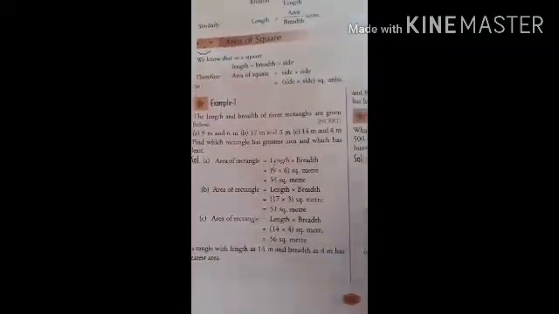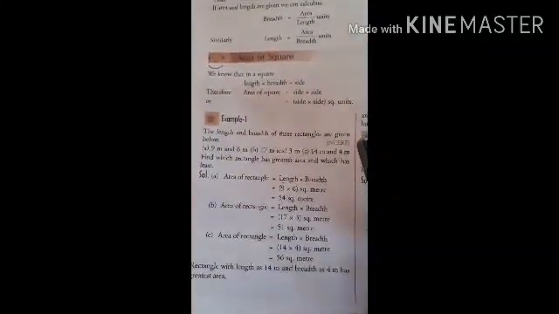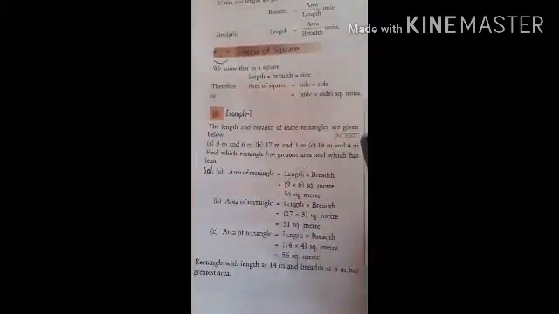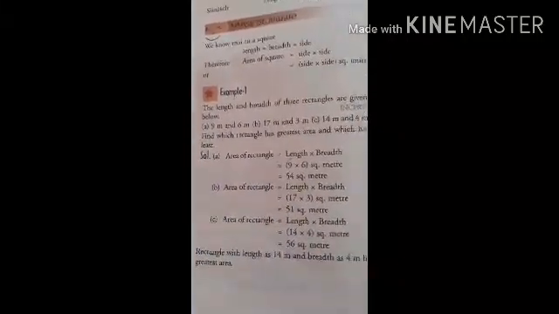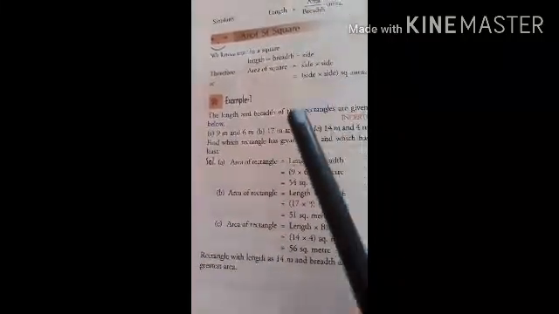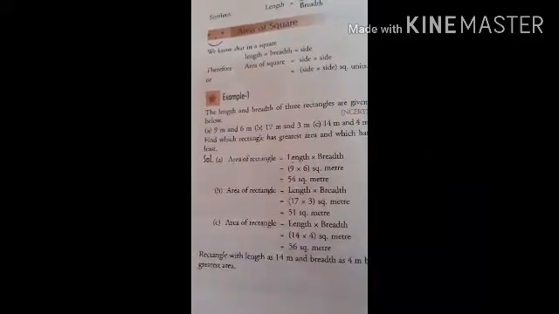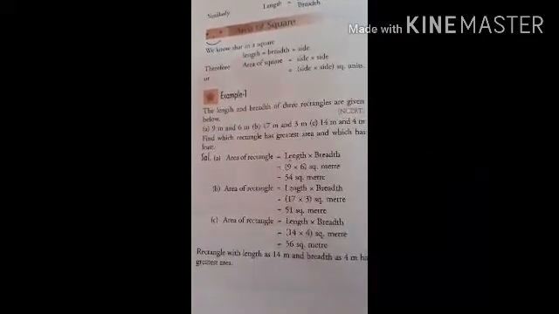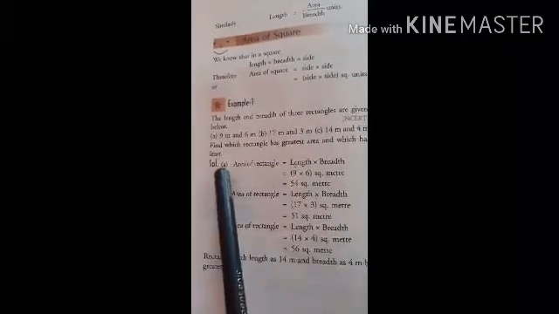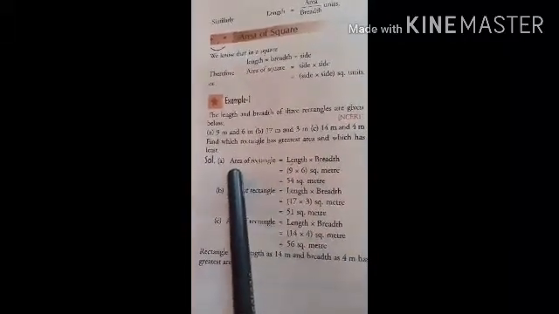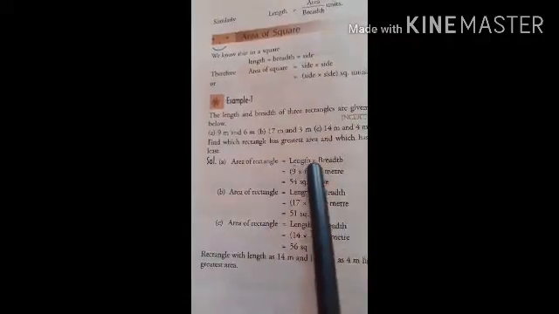Students, in this example, they are saying the length and the breadth of the rectangles are given below. A part 9 and 6 meter, B part 17 meter and 3 meter, C part 14 meter and 4 meter. So in the first part, they are using the formula area of rectangle equal to length into breadth.